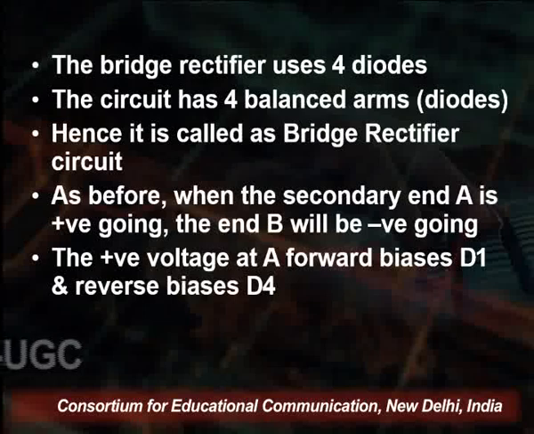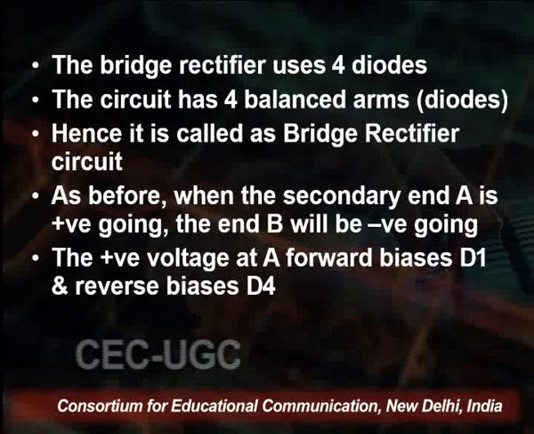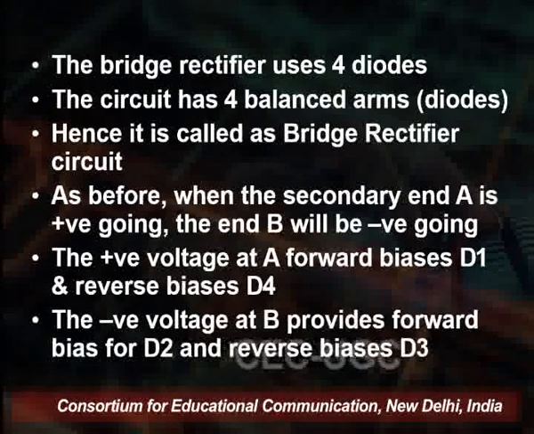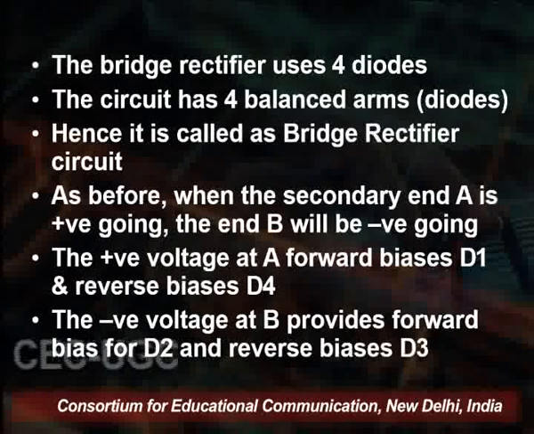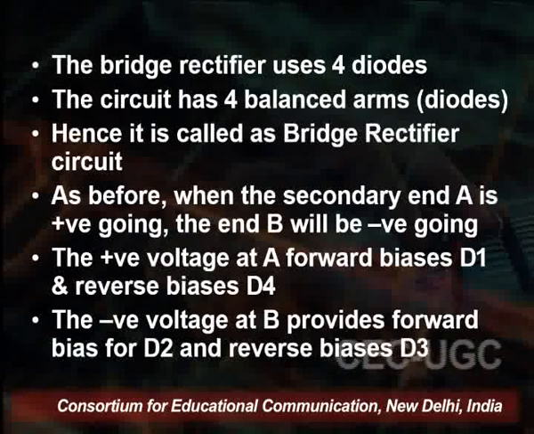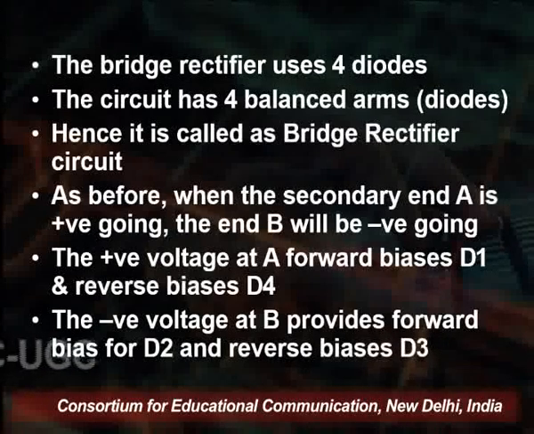As before, when A on the secondary is going positive, B will be going negative. The positive voltage at A forward biases D1 and reverse biases D4. The negative voltage at B provides forward bias for D2 and reverse bias for D3. So we get the output through this rectifier only in forward biasing.